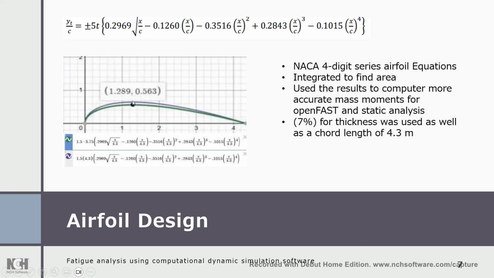So 10% thickness was used for this purple one, which means it was 0.43 meters, and then a 7% thickness here. And then you can see this empty area. That is the surface area we wanted to compute. So we integrated each function and then subtracted it and ended up with 0.6 meters squared. And that includes the symmetry as if we were to complete and mirror these airfoils underneath.